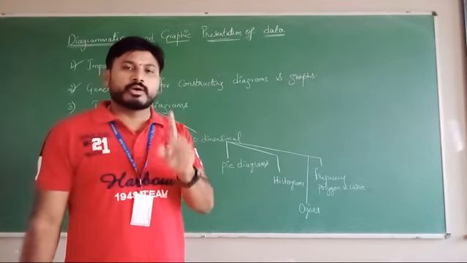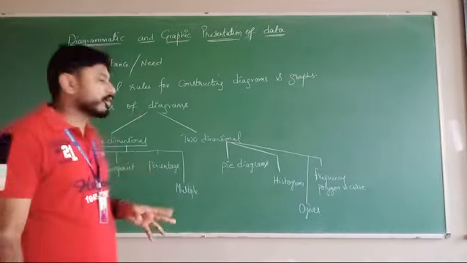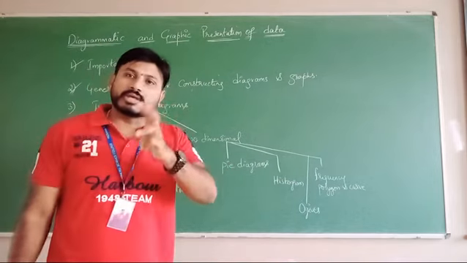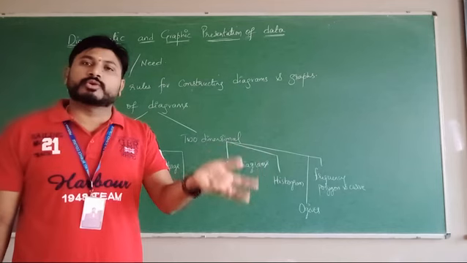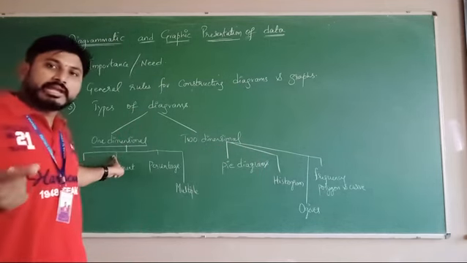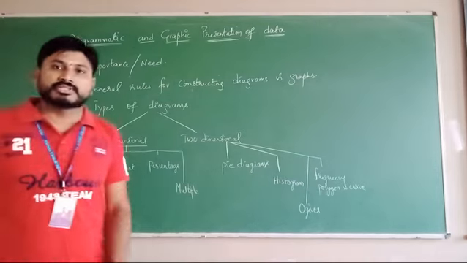Two-dimensional means both height as well as width. Remember, if you represent height and width together, that becomes two-dimensional. If you represent either height or width, one dimension, that becomes a one-dimensional diagram.